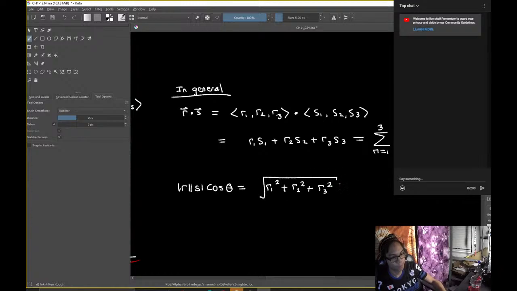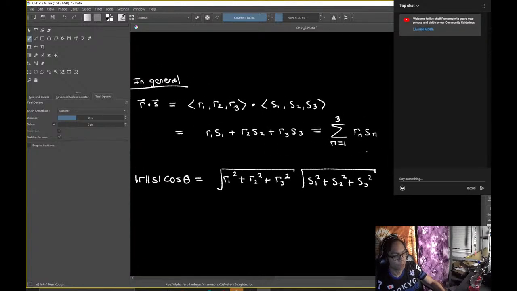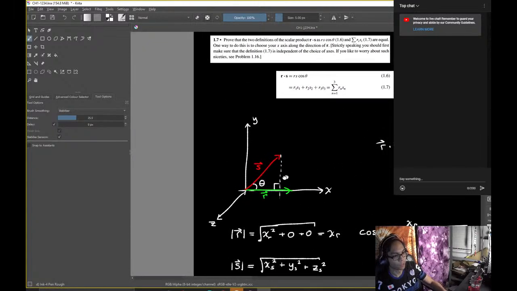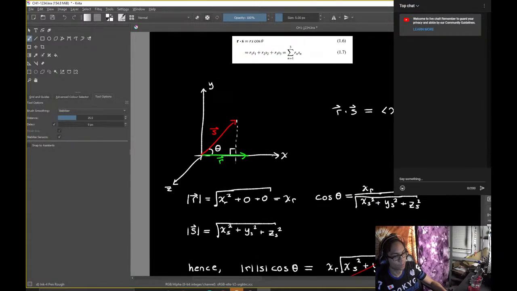Good. And then S1 squared plus S2 squared plus S3 squared. Got that. Good, good. And then after this, oh yeah, cosine. We know cosine theta. Let's check it out. Cosine theta is adjacent over hypotenuse.